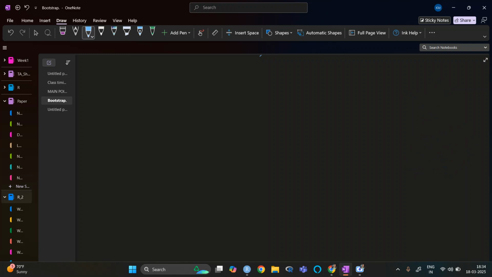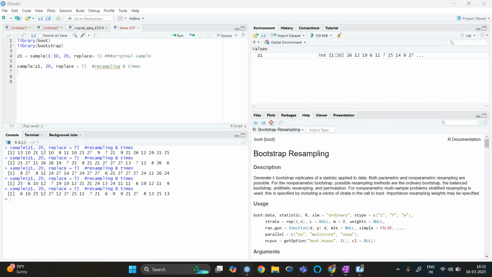Okay, so this is one thing. The next is that we will do all these things in our software. I have already installed the package. I'm using library boot and library bootstrap. You need to install the package boot first, and after that the package bootstrap later.